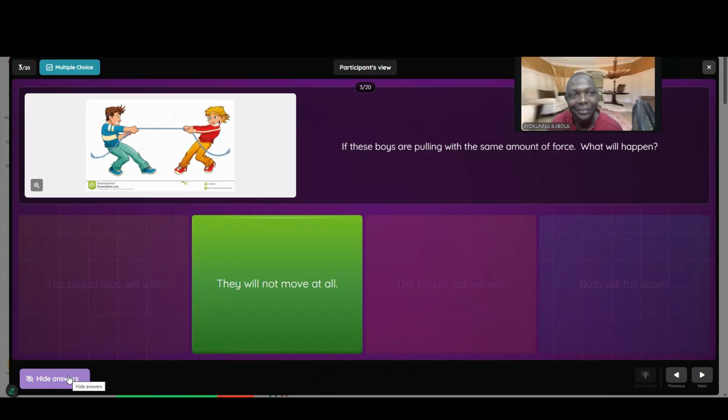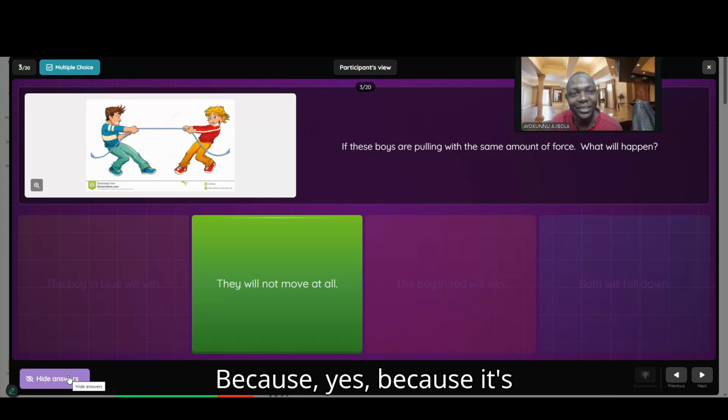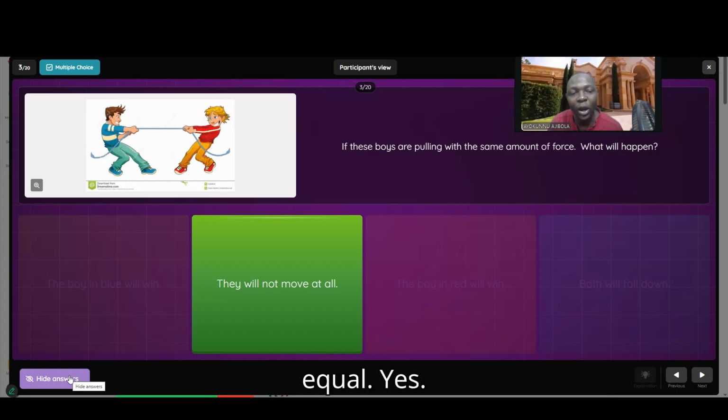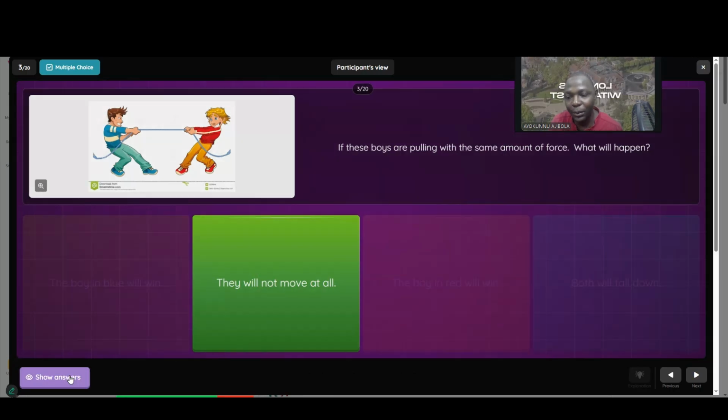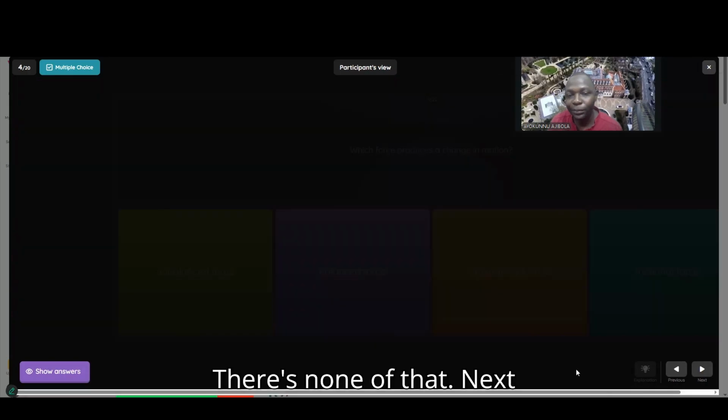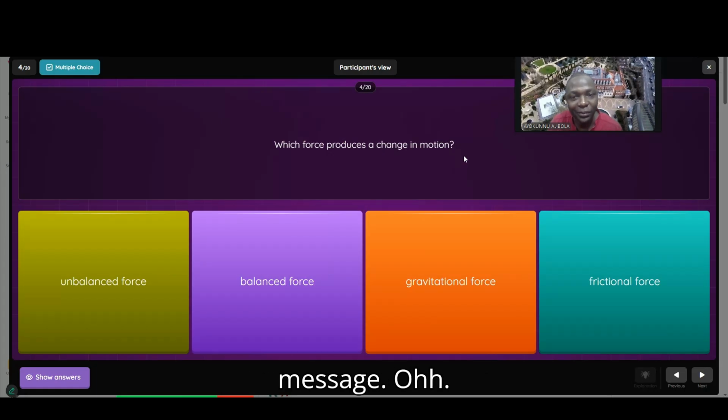They will not move at all, because it's equal. Yeah, equal amounts of forces. Take note of that. Next person.